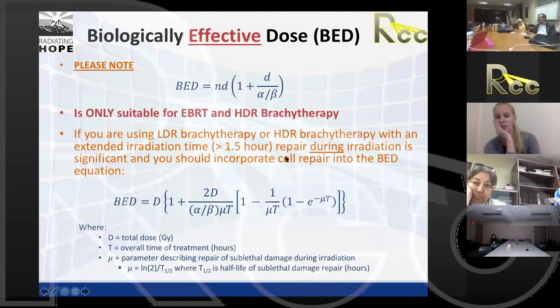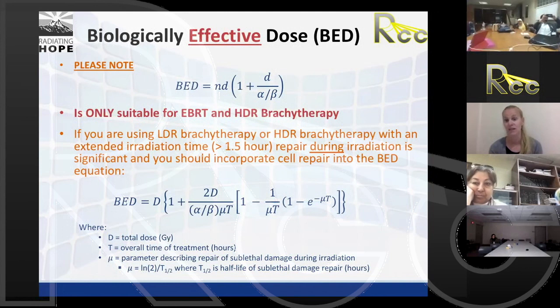Okay, so I just want you to note again that the simplified equation at the top of the page is only suitable for external beam and HDR brachytherapy. If you're using LDR brachytherapy, or HDR brachytherapy with an extended irradiation time, because I know some of you have quite old sources that aren't very hot, so your irradiation time for your patient starts to drag into the hours as opposed to, let's say, under an hour, you do start to need to incorporate repair during the irradiation.